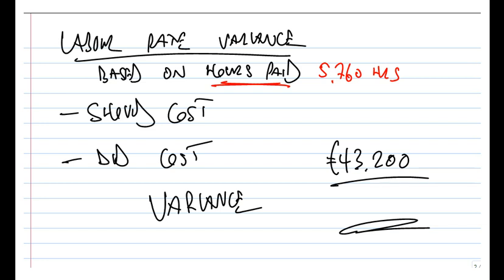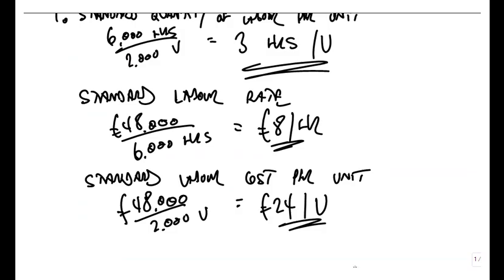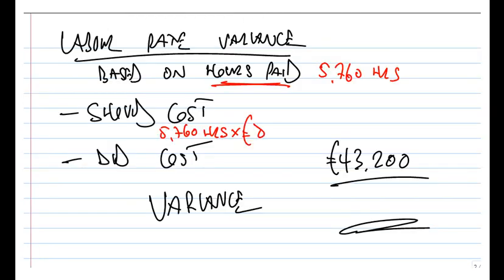What should it have cost? Well, 5,760 hours. Remember, every time I see should, I'm thinking about the standard. And our standard cost is £8 per hour, because we're now looking at things in hours, aren't we? So now it's the £8 I'm interested in. I use that to identify my expectation. At £8 per hour for 5,760 hours, we should have spent £46,080.